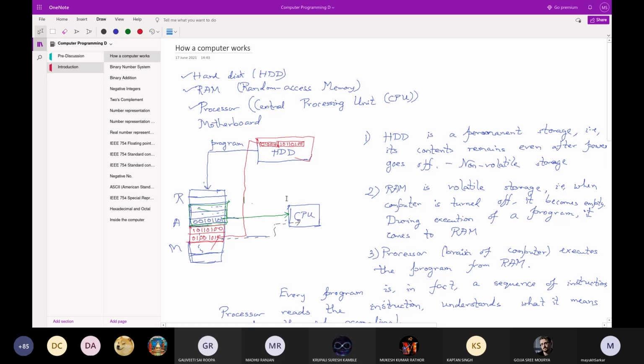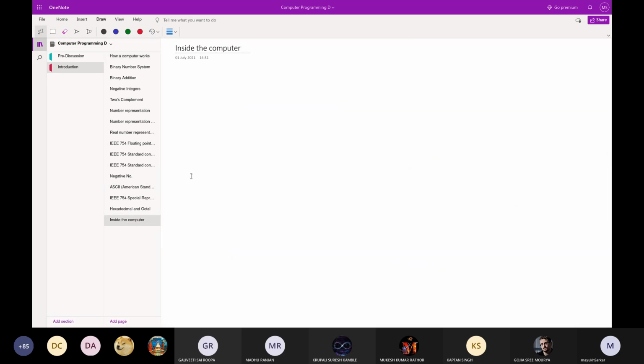CPU takes each instruction one by one and executes it. Now we will see that in a much larger version. In fact, we are going to go much deeper. But before that, we have to see how the computer performs this operation. If I say, add these two numbers, how is the computer adding them? What is there inside that adds or multiplies two numbers?